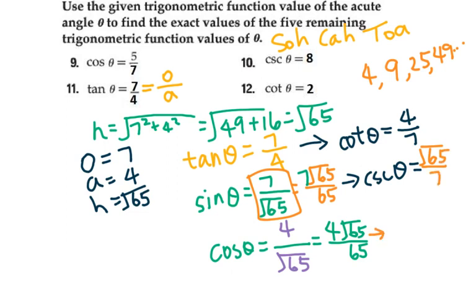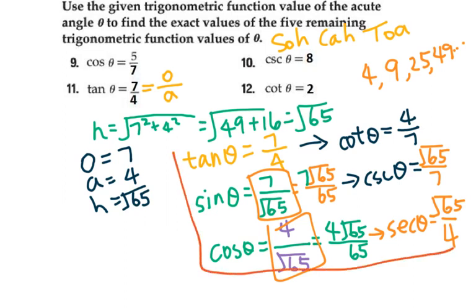And for cosine theta, we get the secant theta equals. And we flip this one. So you will get square root of 65 over 4. Yeah, that's the answer for number 11. Because we got all these 6 trig functions now.